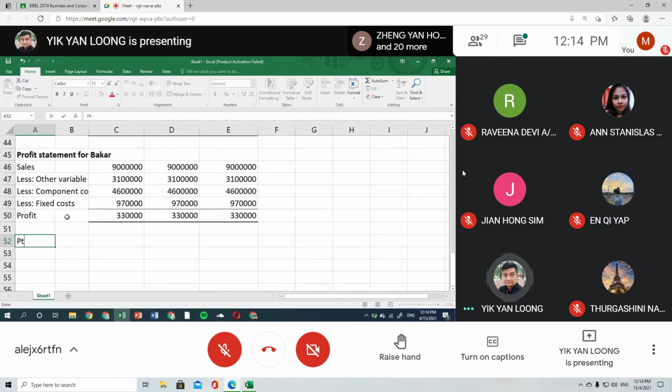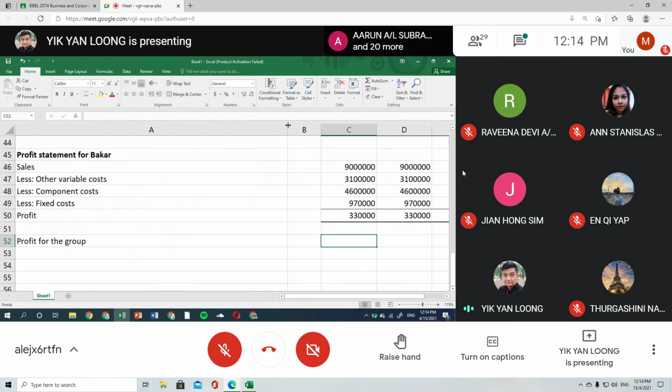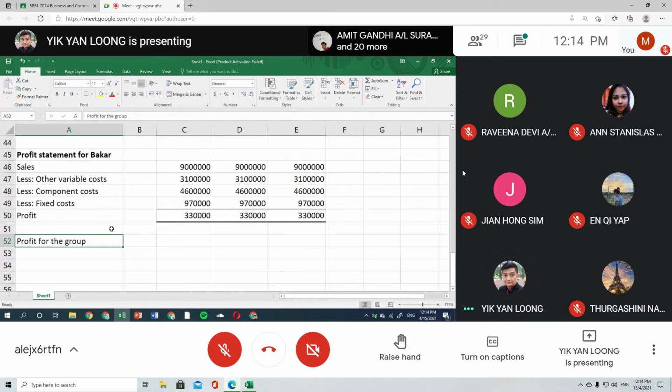So profit for the group, profit growth based on internal transfer.